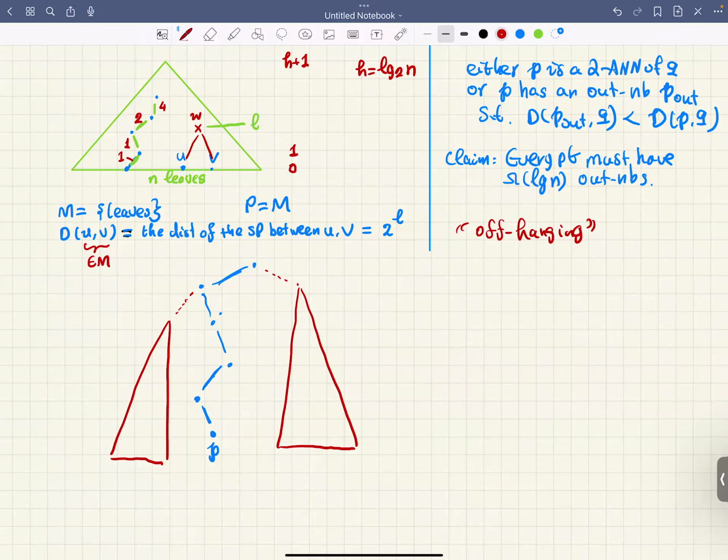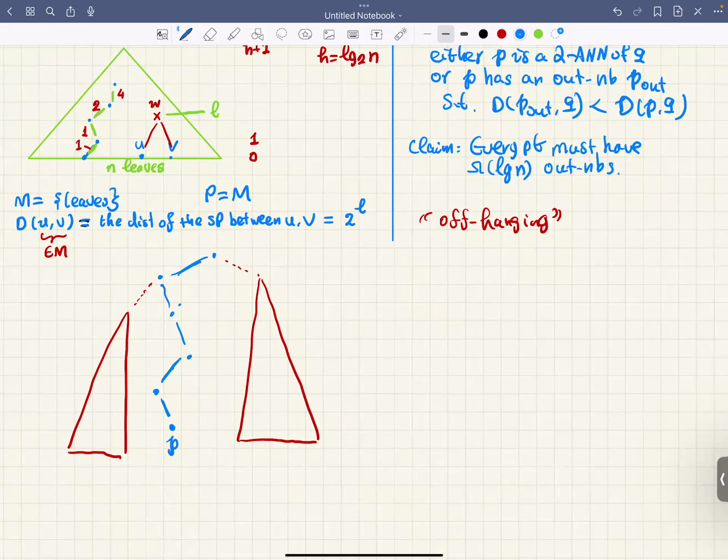Good. Well, let's just say that somebody wants to be my adversary. Somebody says, no way, I have a beautiful idea. So this idea says no. Let's say you take any node on the path. It doesn't have to be the root. That's why I draw it here, so you could have some more stuff up there.